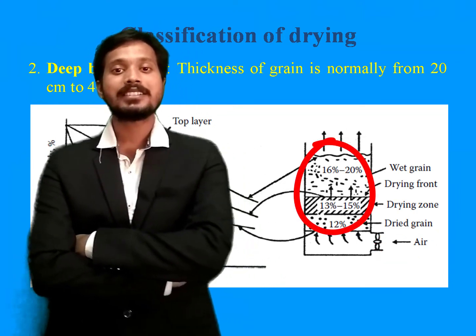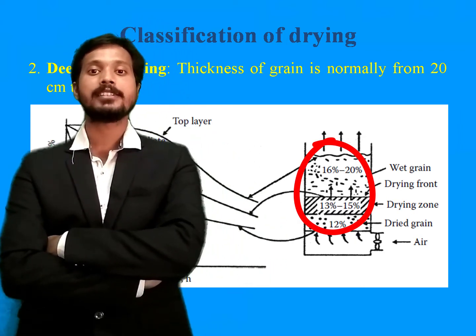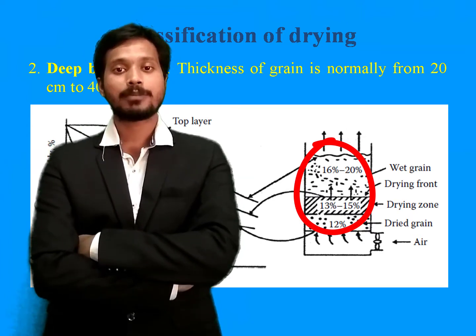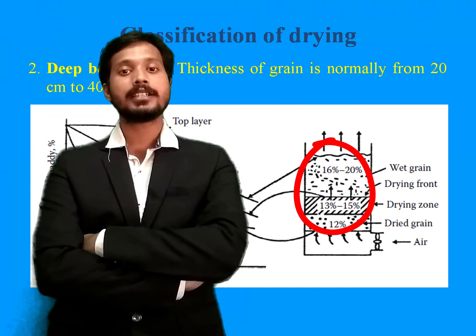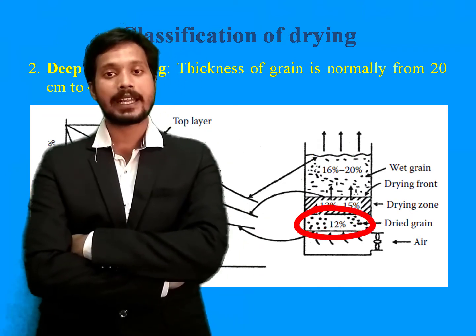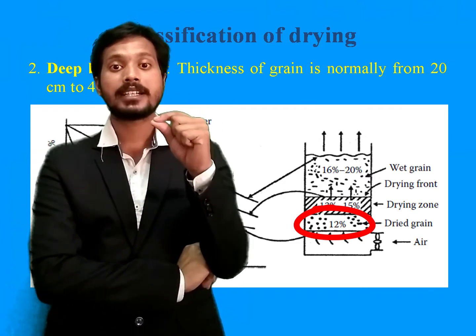Now the drying chamber is filled with grains, and the thickness of the grains is more than 20 centimeter and less than 40 centimeter. That means the drying is under deep bed drying. From the bottom portion, the grain first comes into contact with the hot air.